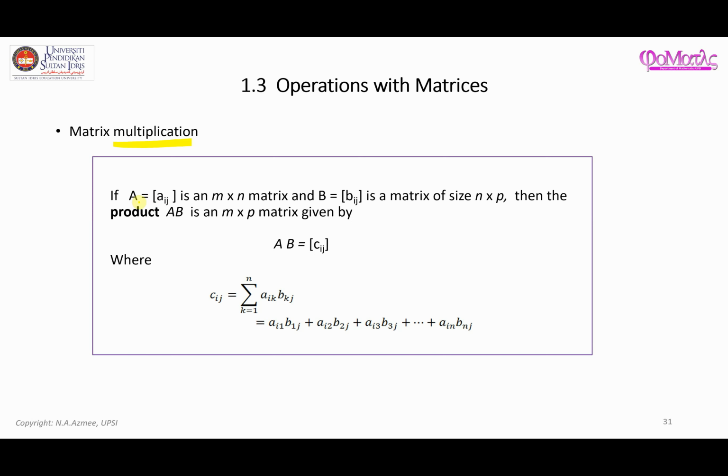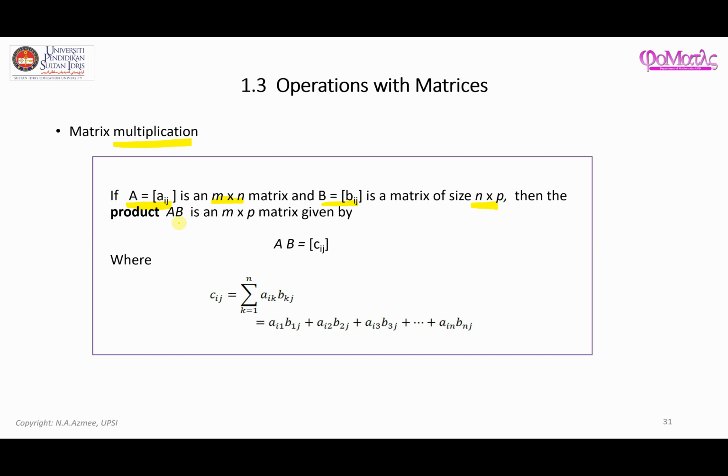Here we have matrix A defined as such, with all the elements given in this square bracket. Matrix A has size m times n. Here we have another matrix, matrix B, of a different size, n times p.